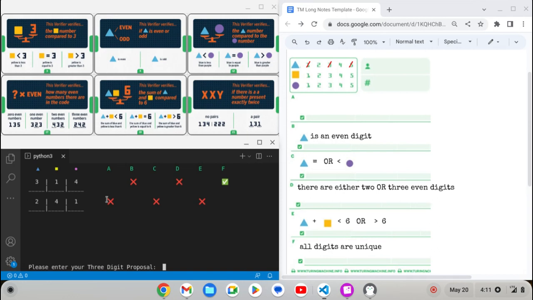Okay, so again, the Turing machine does not approve of my square digit being 4, meaning it is not true that square is greater than 3. So it means that square cannot be 4 or 5.